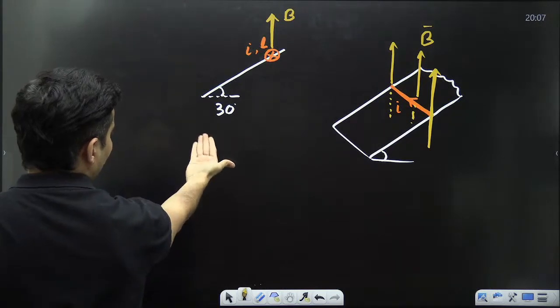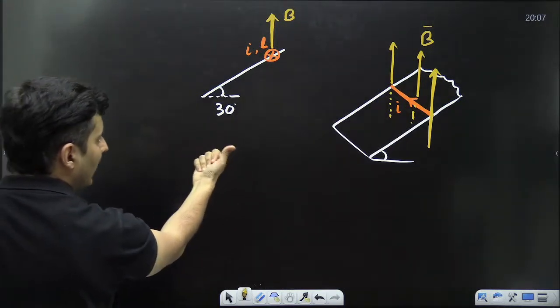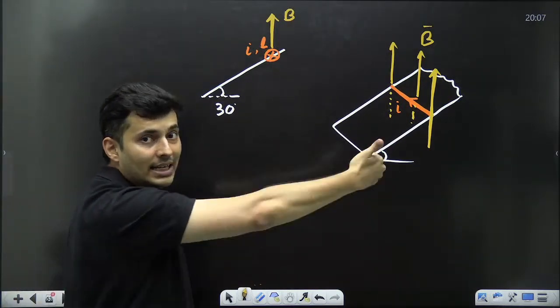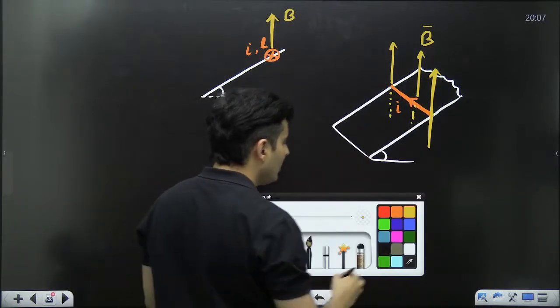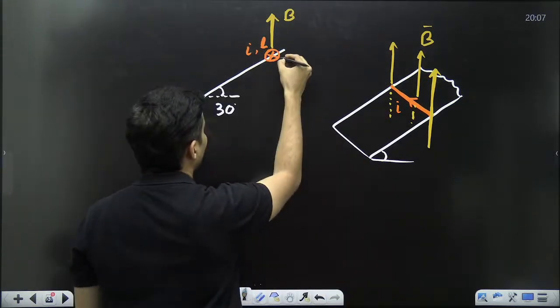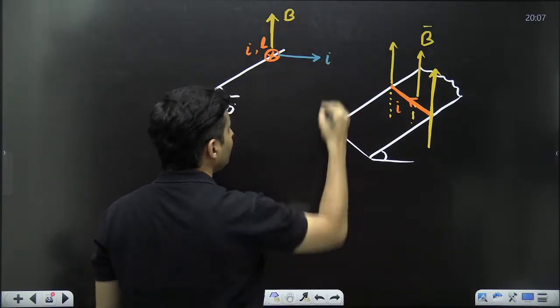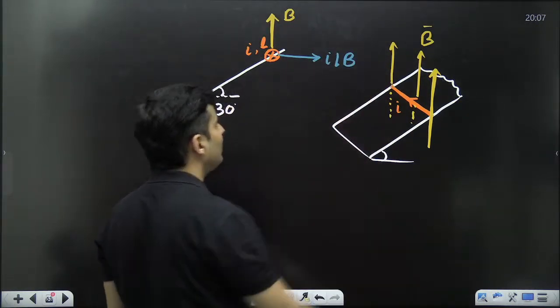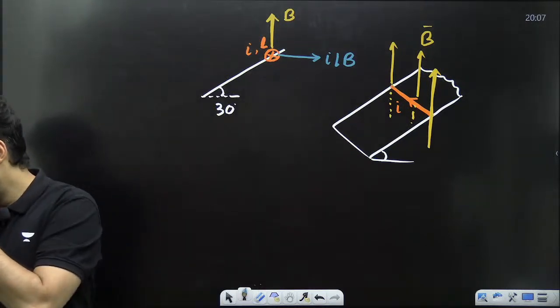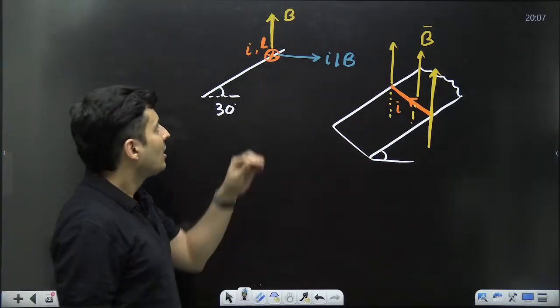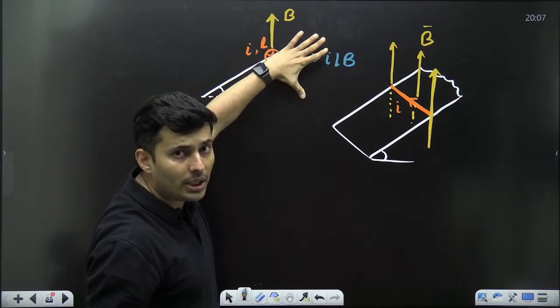Where is your right hand thumb? It is going towards the right side. So there will be a force because of the magnetic field like this, ILB. Everyone with me? Excellent.